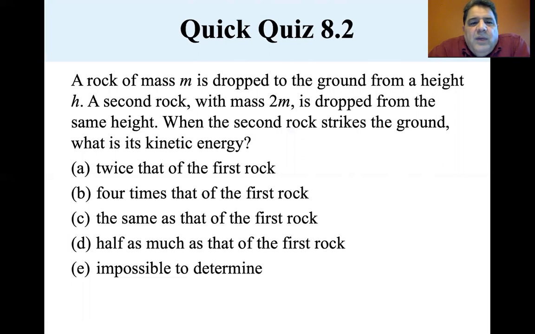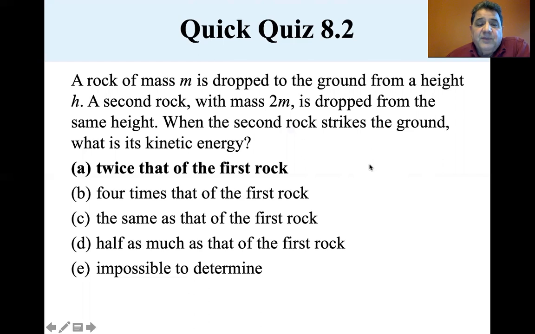Well, we know from the height that the potential energy is mgy, so the second rock will be 2mgy. That's going to be transferred to kinetic energy, but it's only twice the mass. So it's going to be twice the kinetic energy of the first rock because it's twice the potential energy. There's the answer: twice that of the first rock.